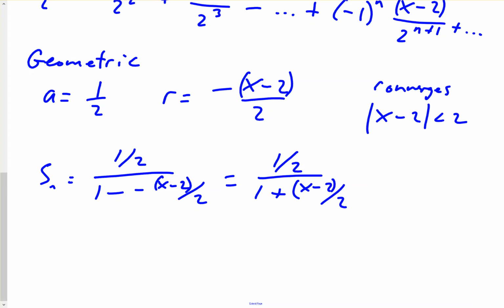Okay, if I multiply top and bottom by 2, I end up with 1 over 2 plus, the 2 there would cancel, x minus 2.